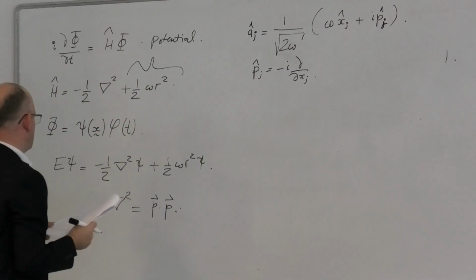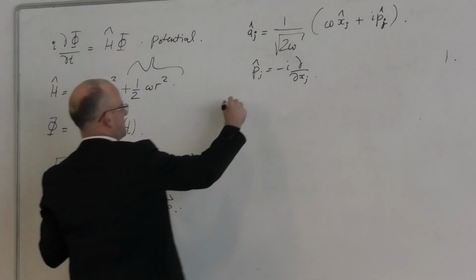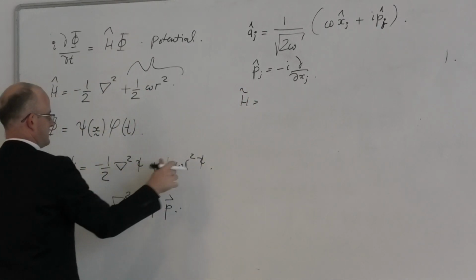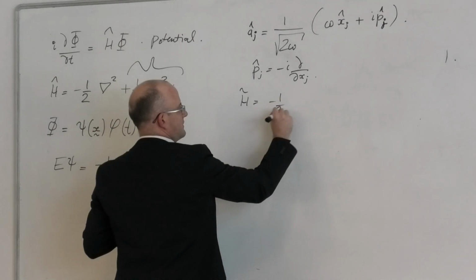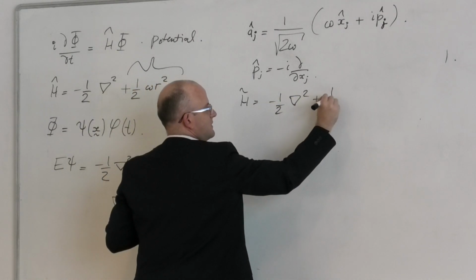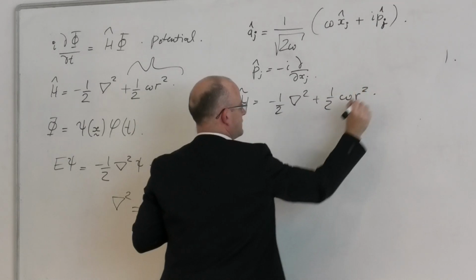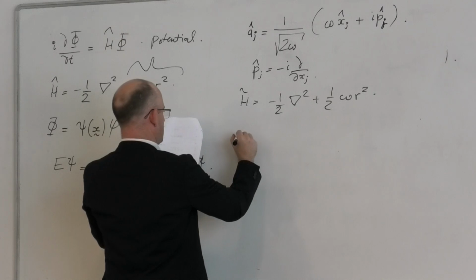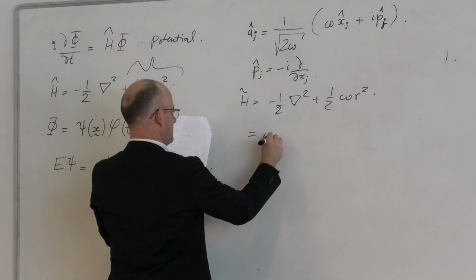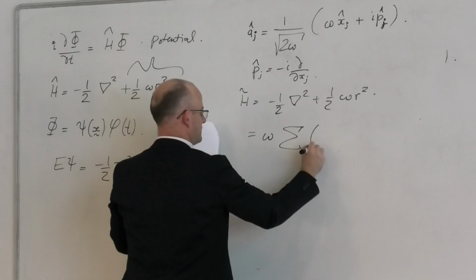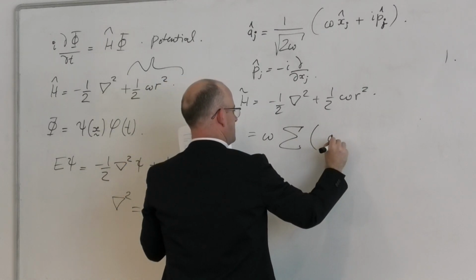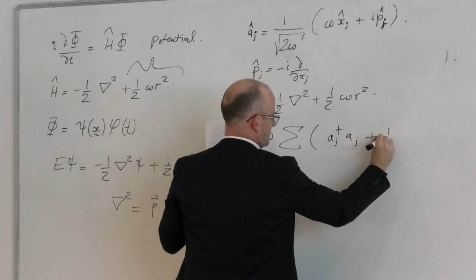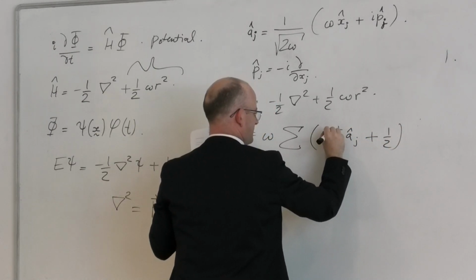Well, we do a little bit of a trick. If we write H is equal to this thing, it's minus 1/2 del squared plus half root of r squared. Do some tricks. What we will find is that this thing is equal to HJ plus 1/2.